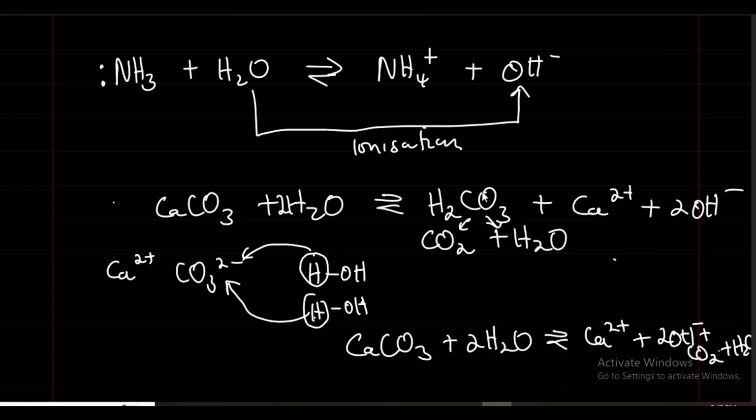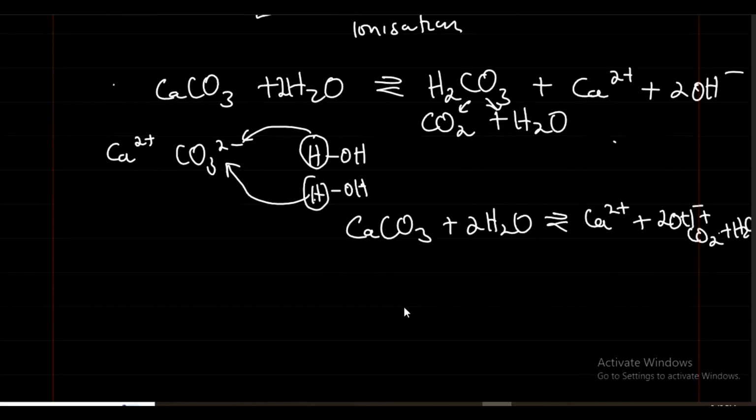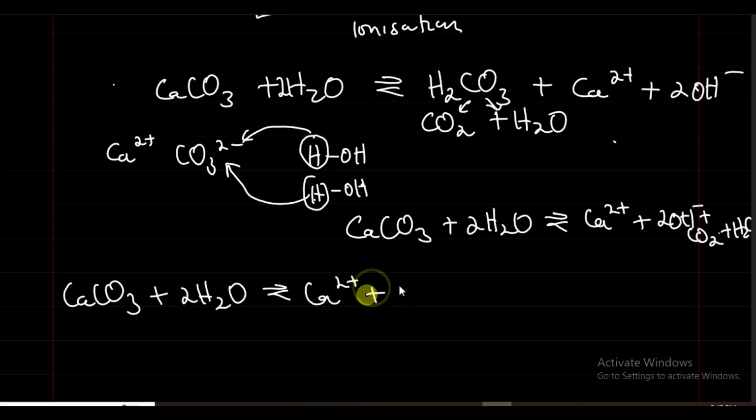If you check the equation, it's balanced, just that I wrote it towards the end. Calcium carbonate plus 2 water molecules gives calcium cation plus 2 hydroxide plus carbon dioxide plus water.